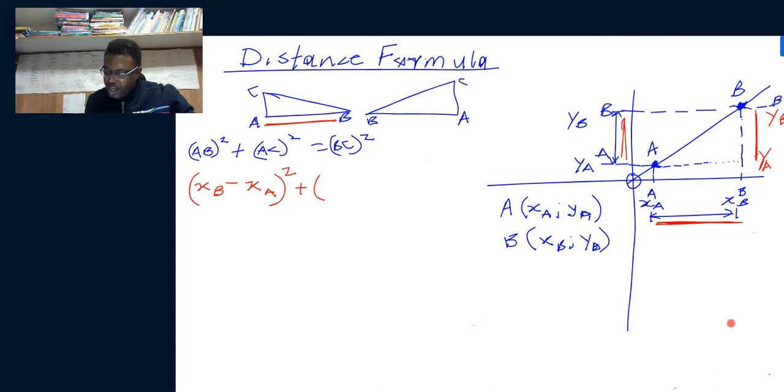Your ya there. So I'm going to have my AC. You see the vertical distance, yb minus ya, all squared, equal to AB squared, equal to this one.